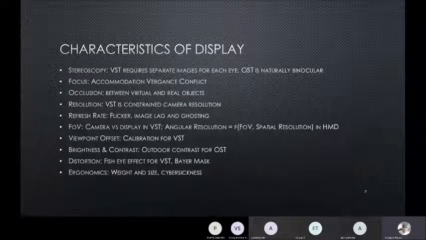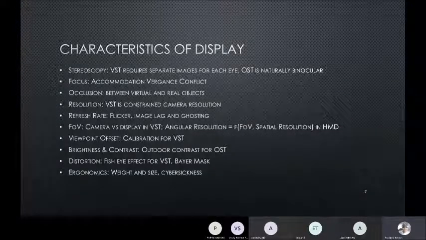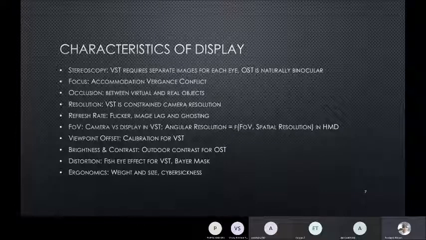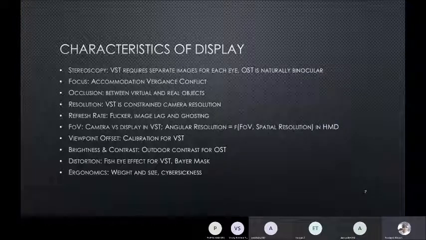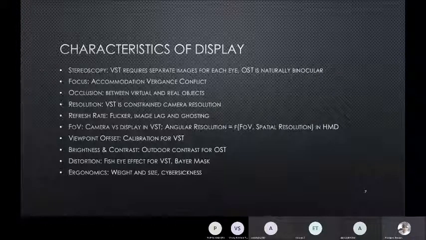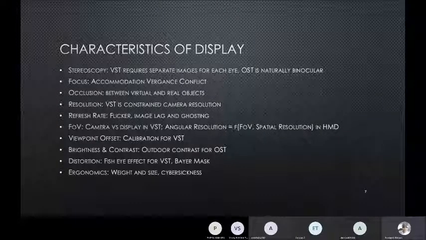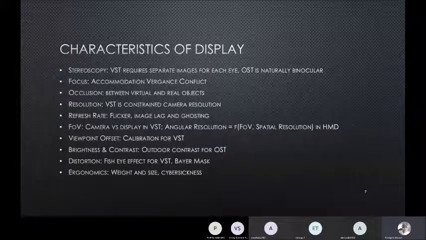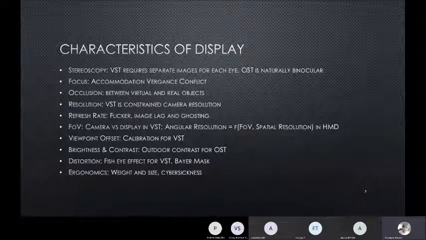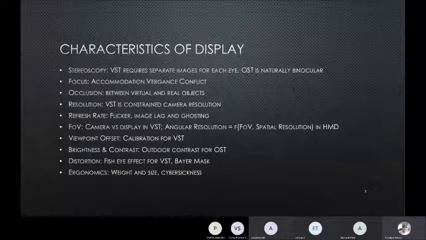Similarly, the focus of the display. There is a challenge in augmented reality type of display that is called accommodation divergence conflict, which means that when we are looking at the augmented reality type of display, on one side we are looking at the real objects, and we have no control on the z-axis or the depth of the real objects that is captured by the camera.